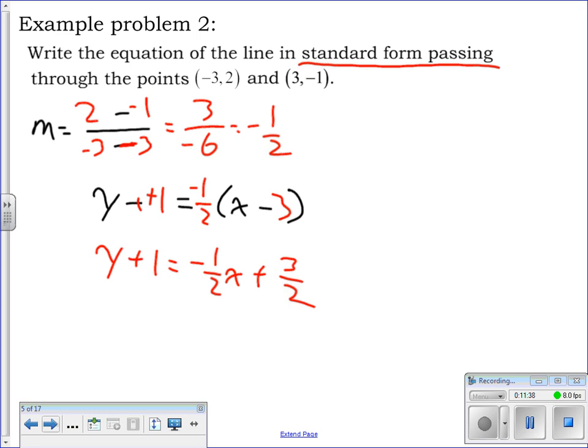So once I distribute, get rid of the fractions. It's a relatively easy thing to do. Multiply everything by your common denominator. My common denominator is 2. I multiply everything times 2.